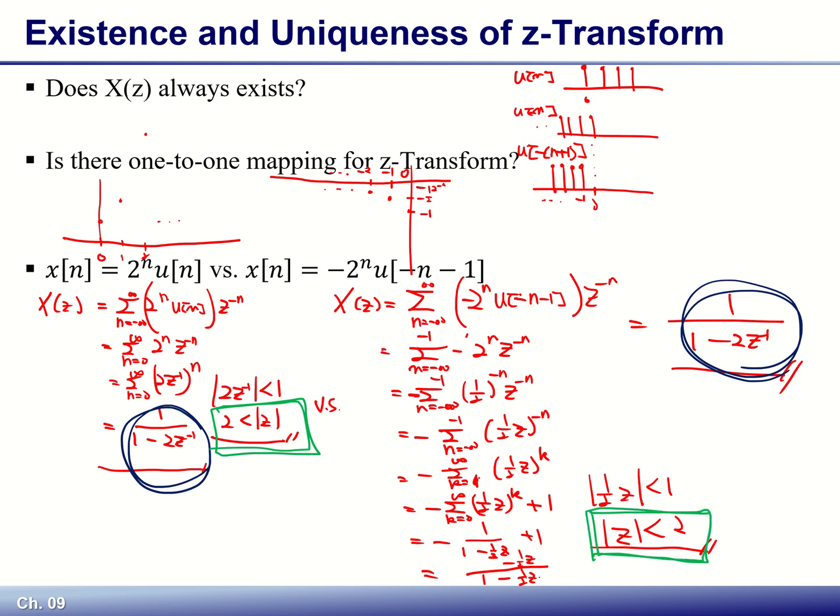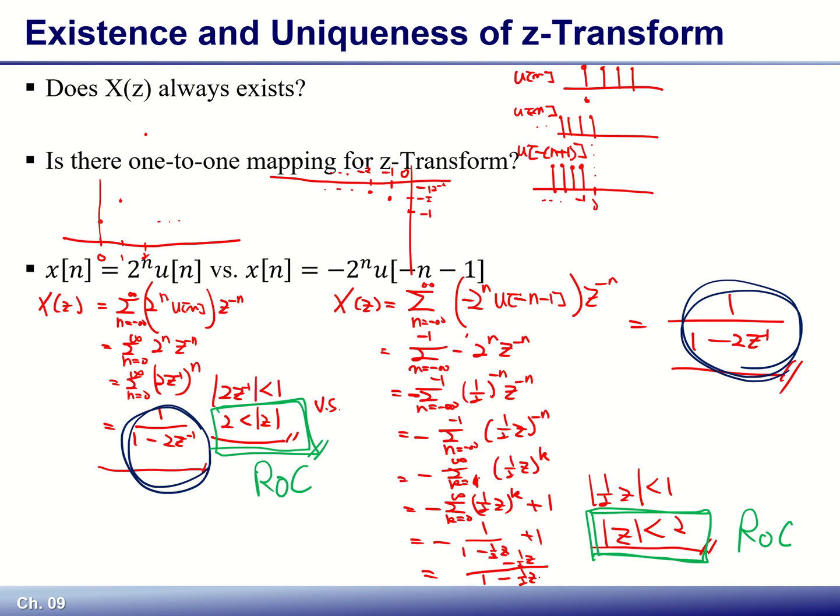So to define a Z transform uniquely, you need the Z transform and the ROC, region of convergence, together.